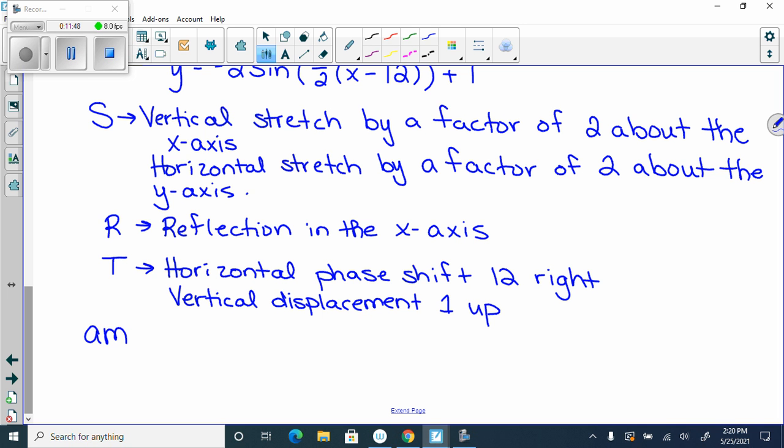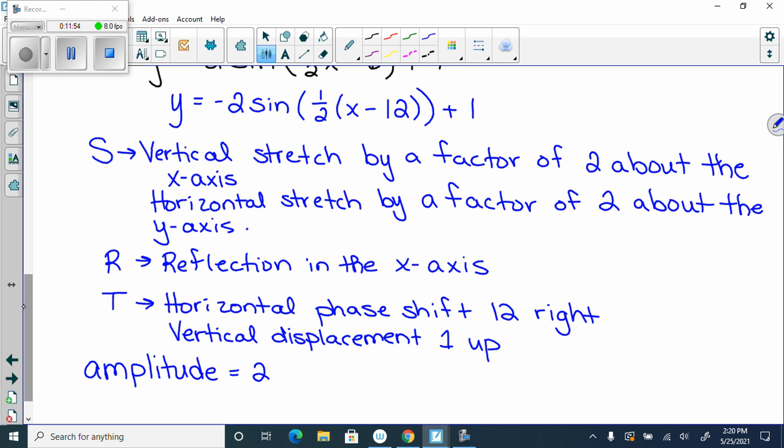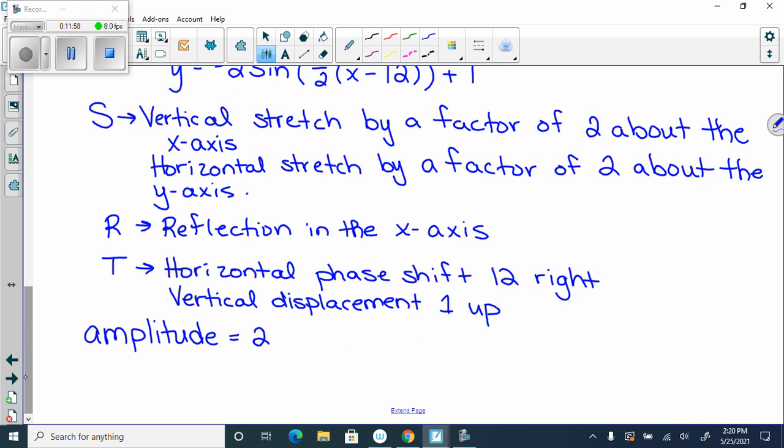What if I ask you for the amplitude? The amplitude is 2 because it's always the absolute value of A, so that's our amplitude. What if I ask you for the period of the graph? In radians. The period, normally a sine and cosine graph repeat themselves every 2 pi, or 360, correct?